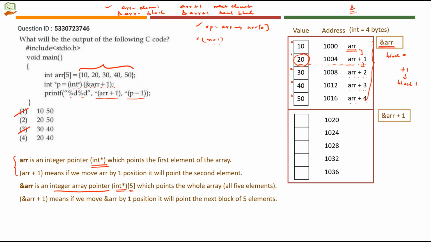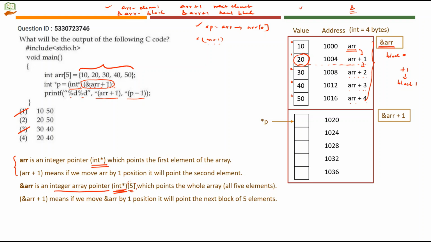This is what is mentioned in the diagram here. This is integer star, which is in this format. Instead of this particular location part, we are mentioning it is the second block. So from here, the pointer is referring to the first value of the second block. So why are we mentioning it as the first element?